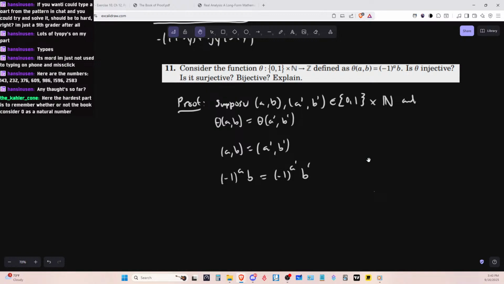I don't think 0 is included in the natural numbers here. If it is included, then it's not injective, but if it's not included, then it is injective.